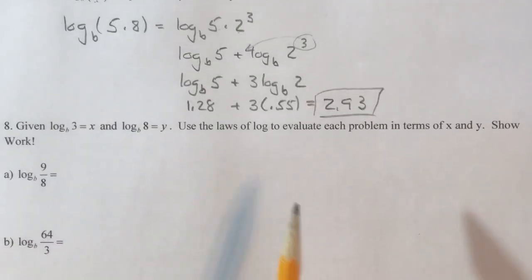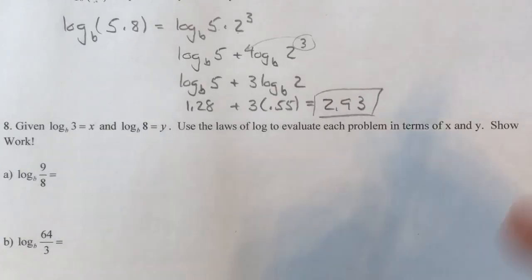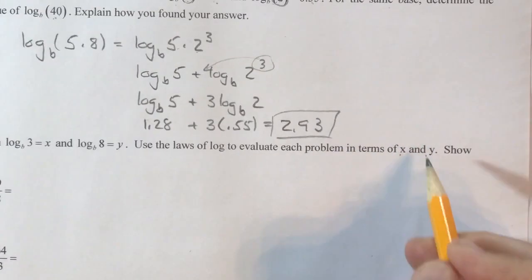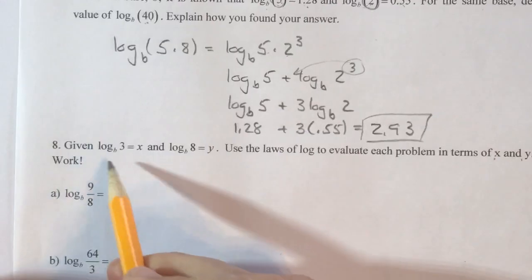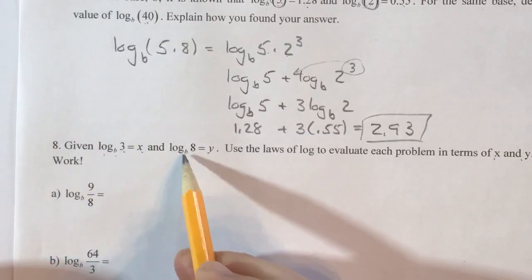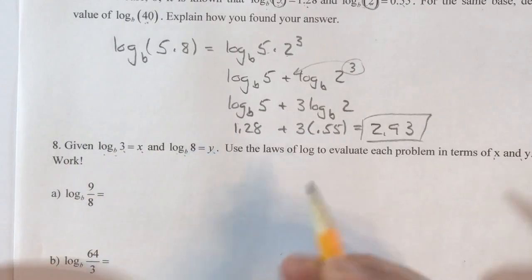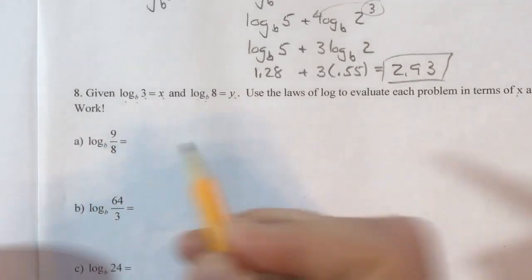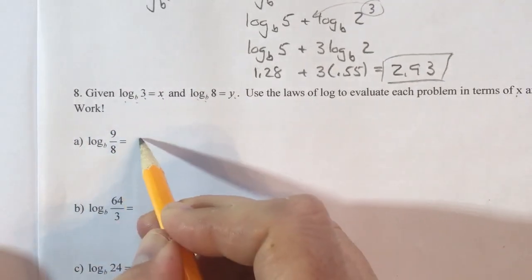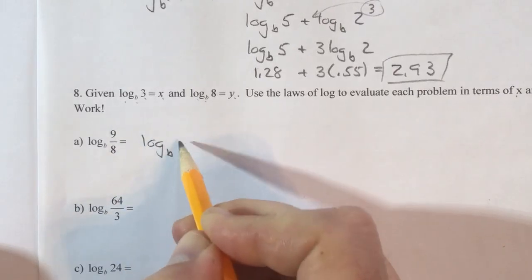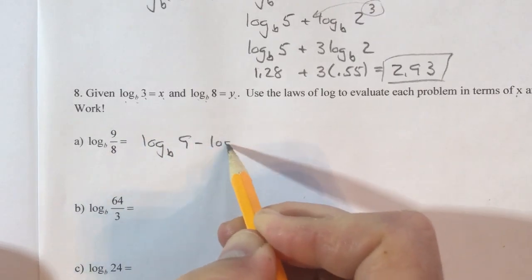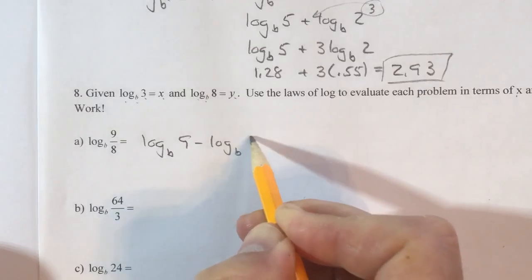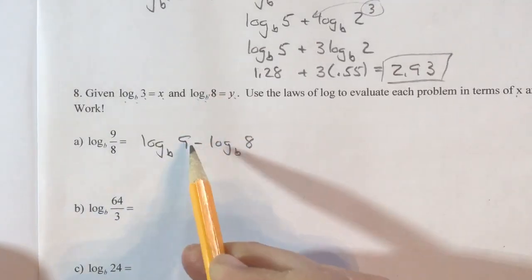All right. Use laws of logs to evaluate each of these. No numbers this time, just x and y. So every time I see log base b of 3, I'm going to say that's x. When I see log base b of 8, I'm going to say y. I've got to use my 3 laws of logs that we've already just reviewed. So I know division turns into subtraction. What about this one?